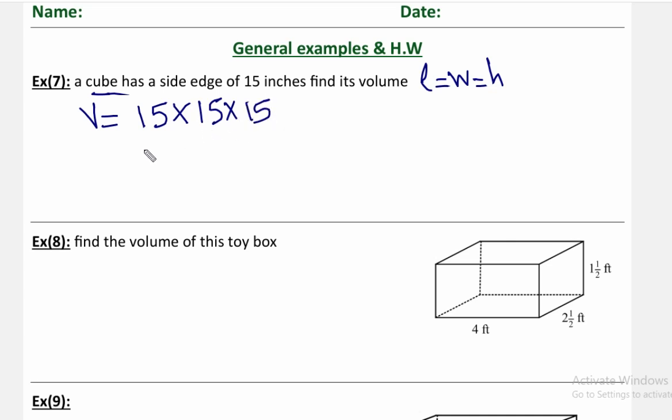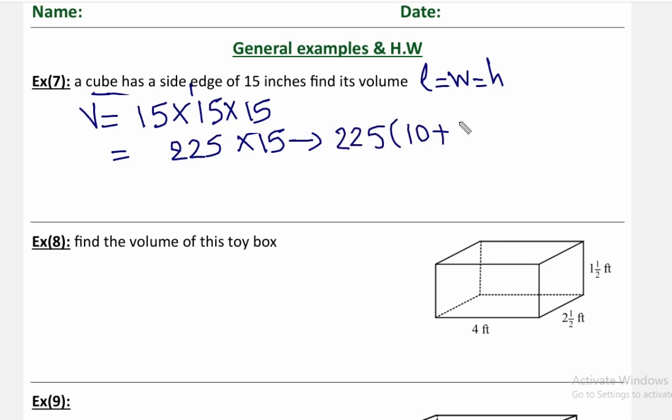15 times 15, as we mentioned before, 5 times 5 is 25. Add 1. 1 plus 1 is 2. 2 times 1 is 2. So 15 times 15 is 225, times 15. You can break 15 as 10 and 5. Why? You'll see.